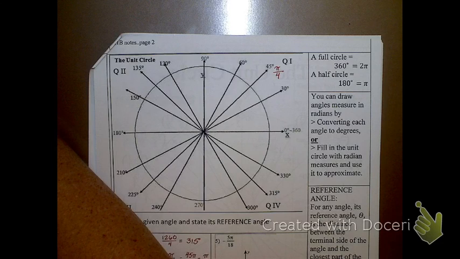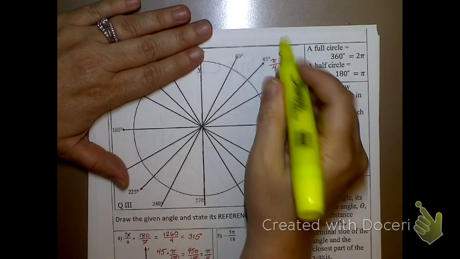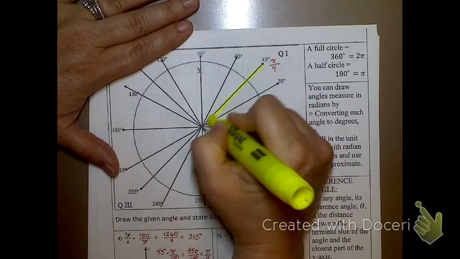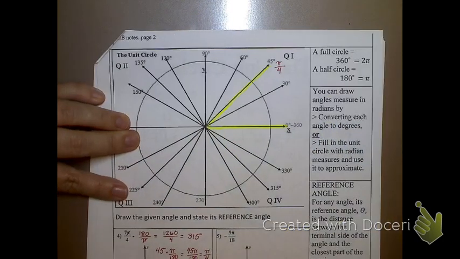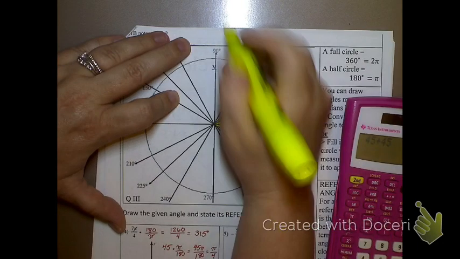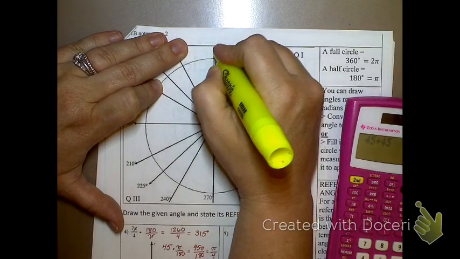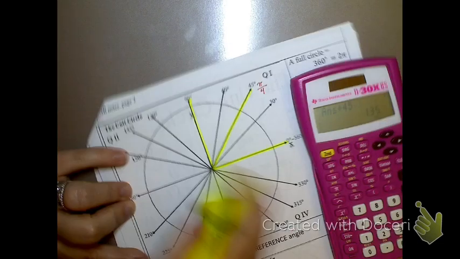Yes or no? Okay, so now what I'm going to do is highlight all of the 45 degree angles in my circle. So this is 45 degrees. 0 I'm going to highlight too because it's a part of that. But let's see, what's 45 plus 45? 90. I'm going to highlight that guy. Plus another 45, 135.